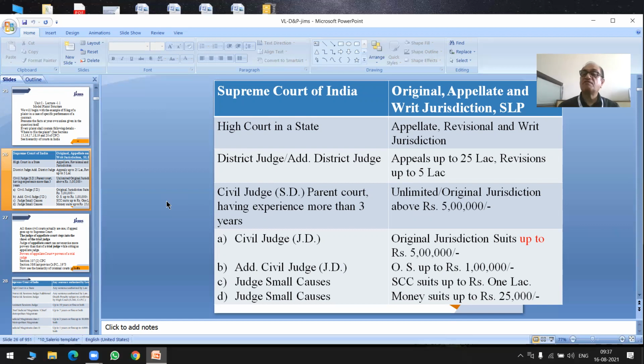So the valuation of a CC suit up to 1 lakh is to be heard by civil judge, junior division. And in money suits, the jurisdiction is different. Court is same, judge small causes, but the jurisdiction in money suits is up to 25,000 rupees. Money suits means a suit relating to recovery of money.